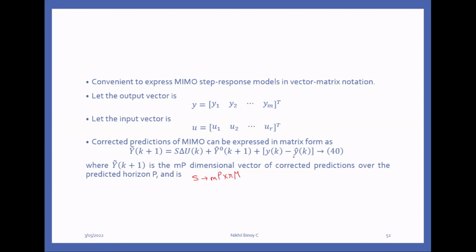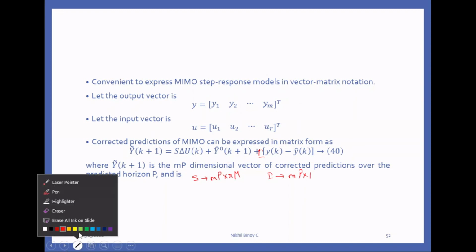Okay, this is 1 by 1. So we have to convert this y from 1 by 1 to m into p. So here we have I, but the size of I is m into p into 1. So this one is the modification that we have.